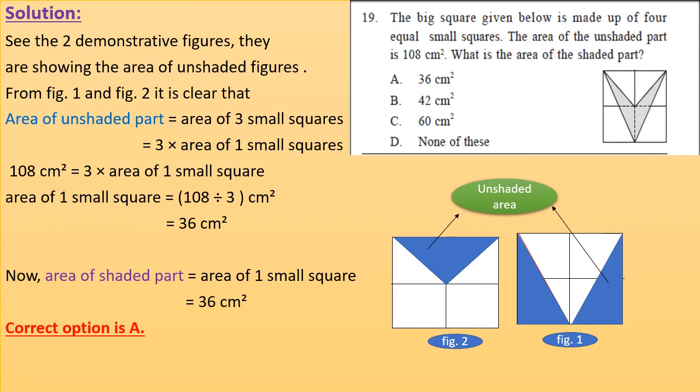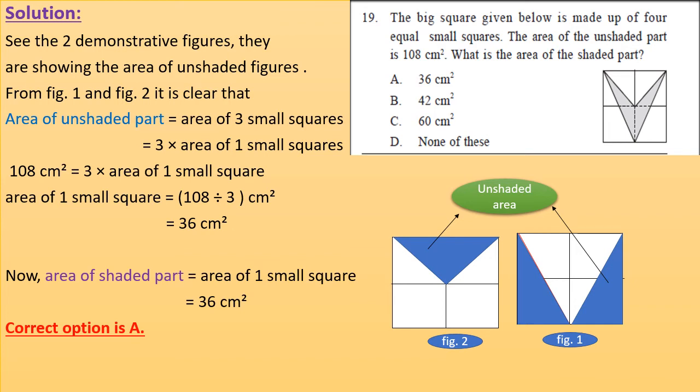So from figure 1 and figure 2 it is clear that the area of the unshaded part is the area of 3 small squares, or 3 into the area of 1 small square. So the area of the unshaded part is given as 108 centimeter square, which equals 3 into the area of 1 small square.